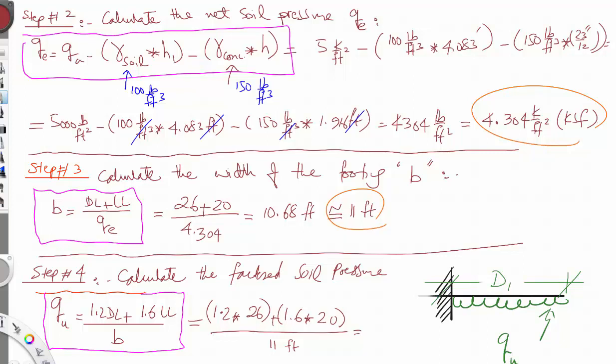This will get us to 5.745 kip per square foot. So you can mark this as about 5.745 KSF.